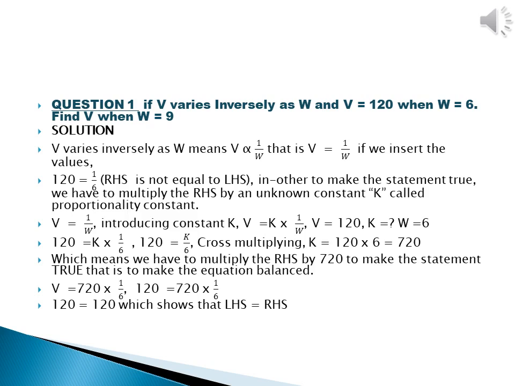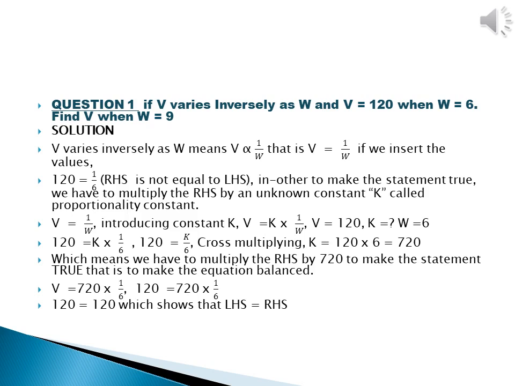V varies inversely as W means V is equal to 1 over W. If we insert the values based on what we are given, it means 120 will be equal to 1 over 6.